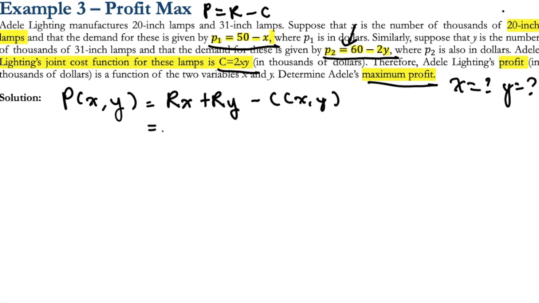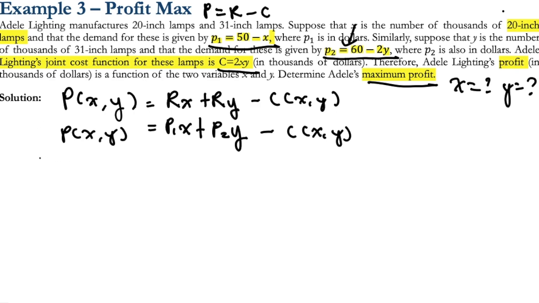Now the revenue for 20-inch lamp is actually price of 20-inch lamp times quantity of 20-inch lamp plus what about revenue of 31-inch lamp? It is price of 31-inch lamps times quantity of 31-inch lamp, which is Y, P2 times Y, minus the cost, okay, the joint cost.